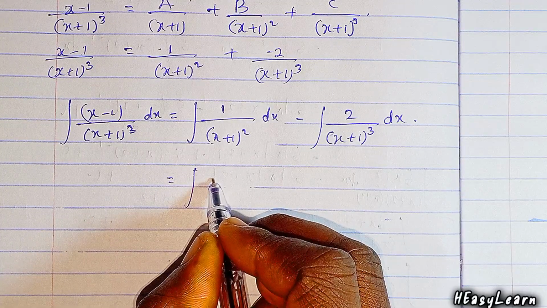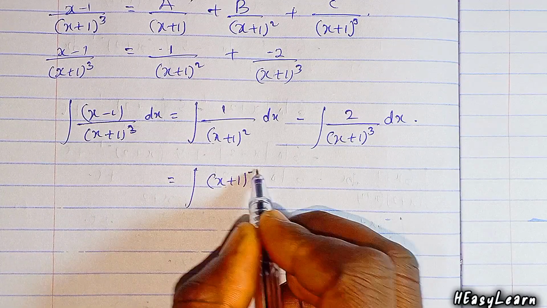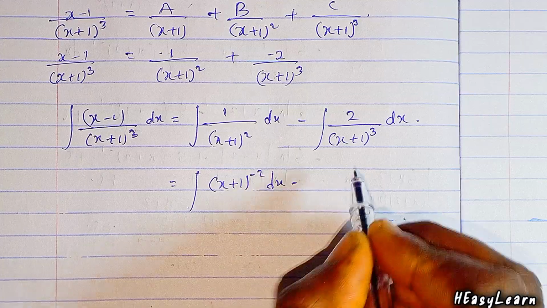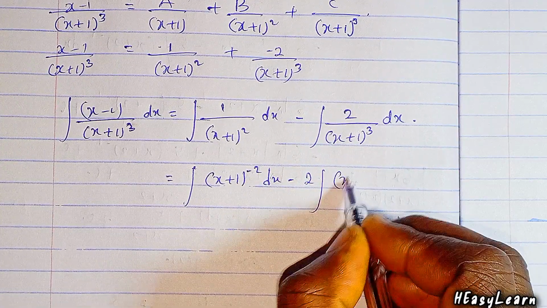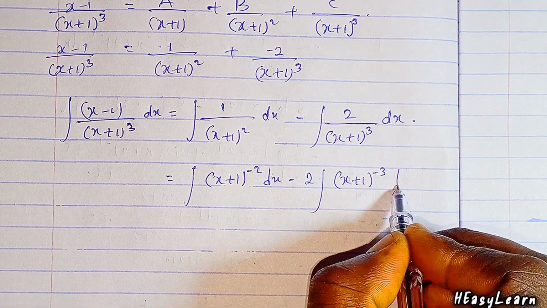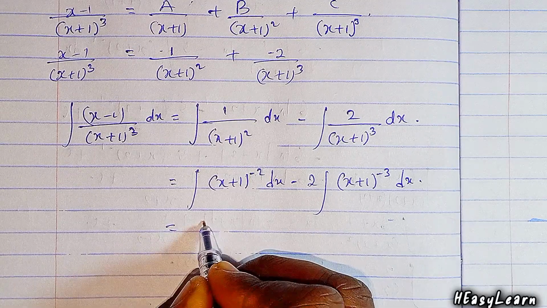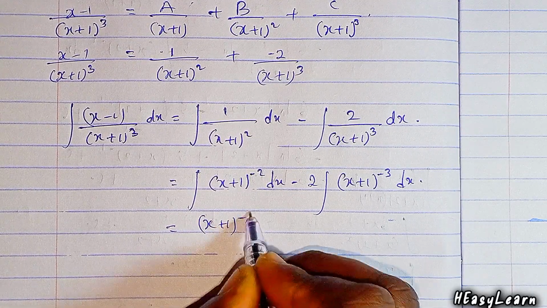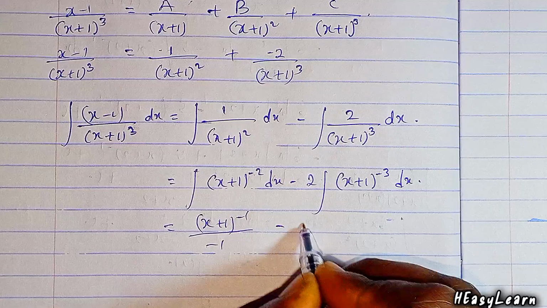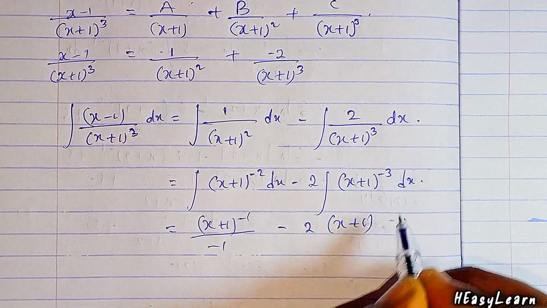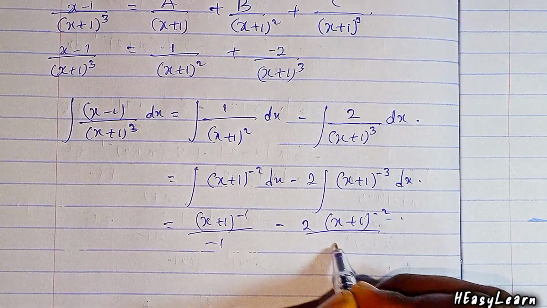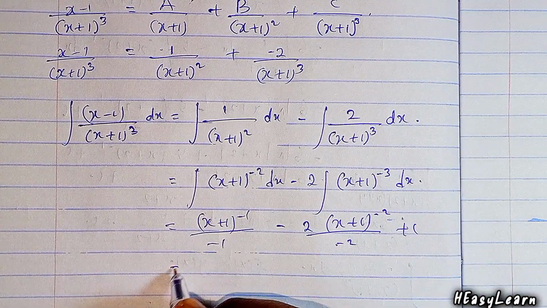This is the same thing as the integral of x plus 1 to the power of minus 2 dx. Minus 2 is a constant. x plus 1 to the power of minus 3 dx. Then reduce the power over the new power.